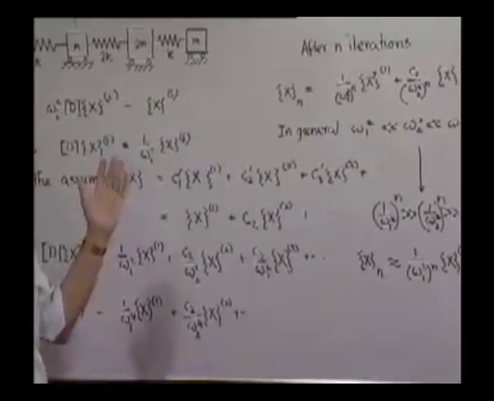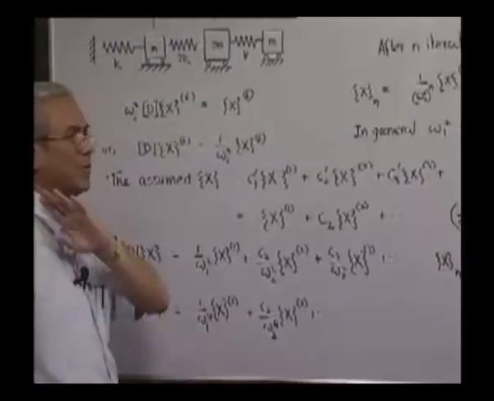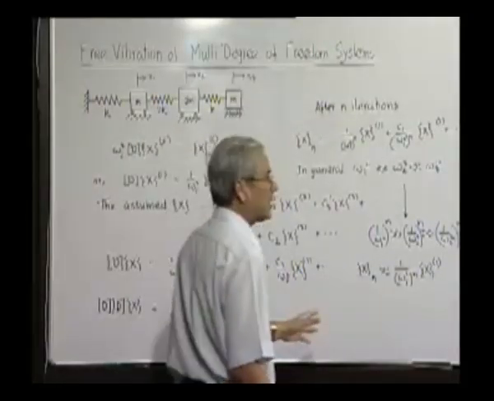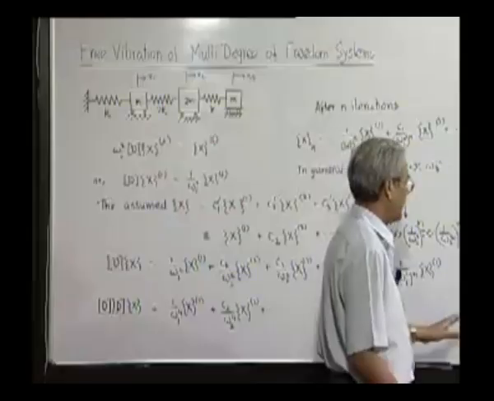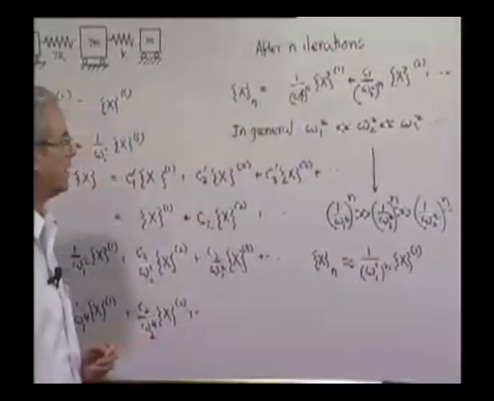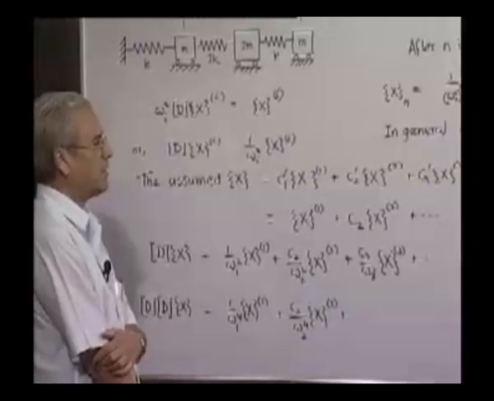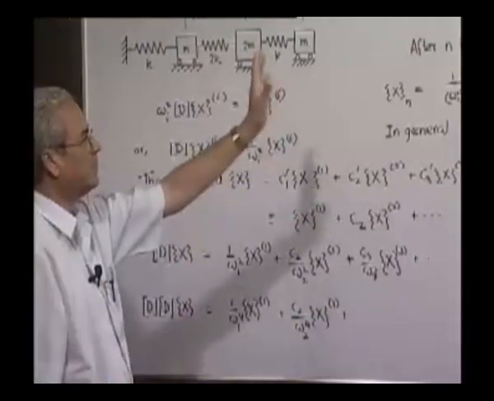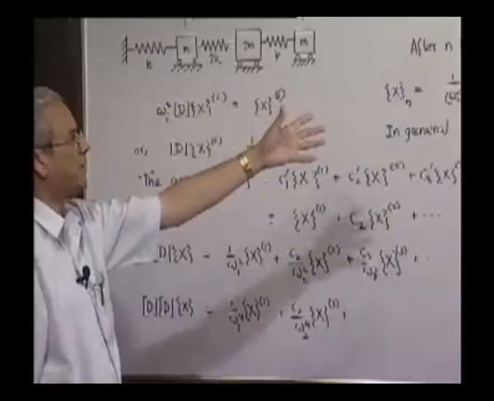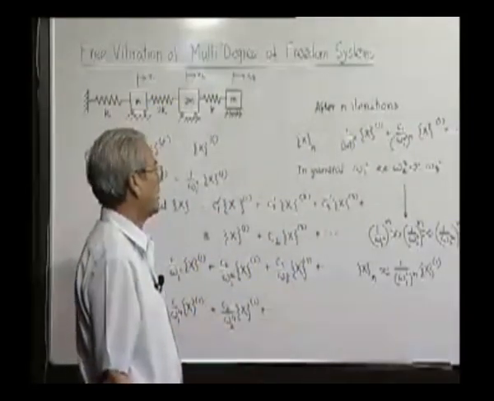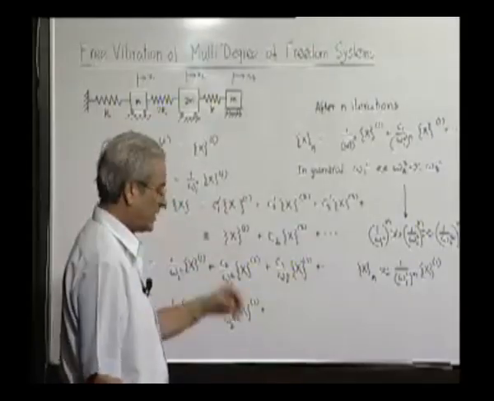If it is very different from the actual first mode, it will take a longer time to converge, but it will converge to the first mode. So this is a quick way of getting an idea about the natural frequency and the first natural mode, not solving any matrix equation, because it involves only simple matrix multiplication, which is much easier, and we can do it quickly.